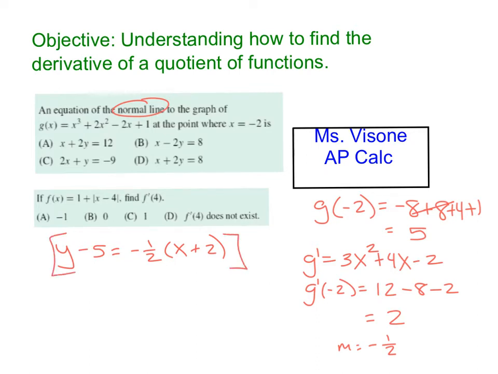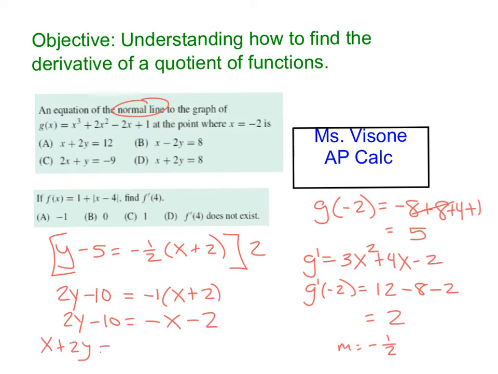That gives me 2y minus 10 equals -x minus 2. I move the x to the other side, and then I move the 10 over and I get 8. So x plus 2y equals 8, D.